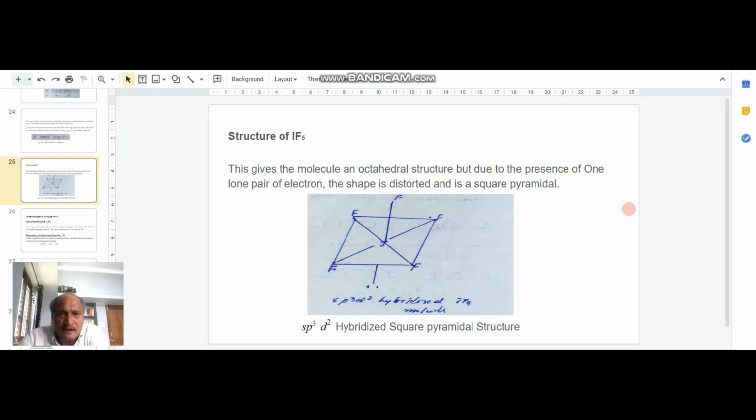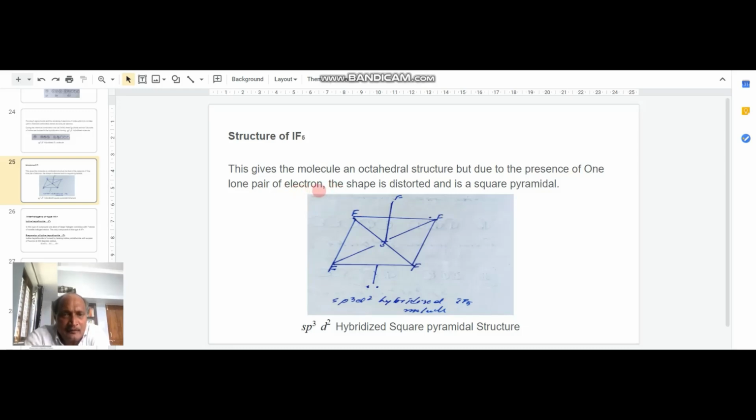Coming to the structure of iodine pentafluoride, as seen from the hybridization, the IF5 molecule involves sp3d2 hybridization. sp3d2 hybridization gives an octahedral structure to the molecule, but due to the presence of one lone pair of electrons in iodine at the 5s orbital as 5s2, which does not take part in the chemical combination and remains as a lone pair of electrons.